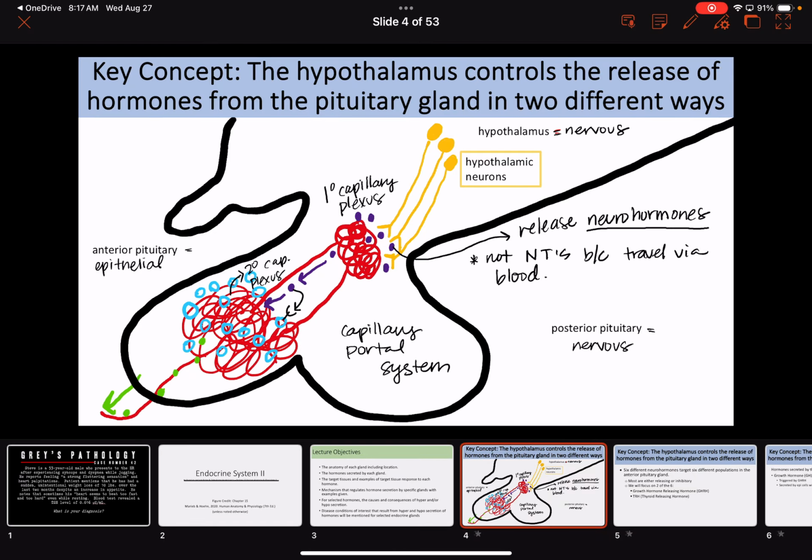He's talking about this capillary bed here. So, no, there's not going to be any receptors there. This is kind of just their drop-off point. And then they travel down blood vessels to actually get to the anterior pituitary, because that primary capillary plexus is not quite in the anterior pituitary yet. So we're not going to find epithelial cells just yet. They have to travel down this portal system. And then the cells at the end will have the receptors for it.